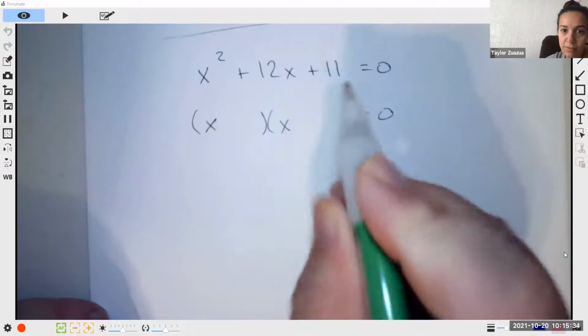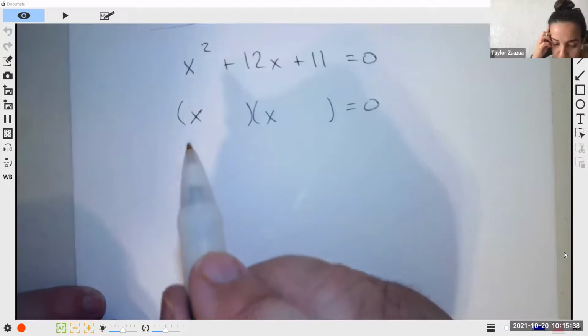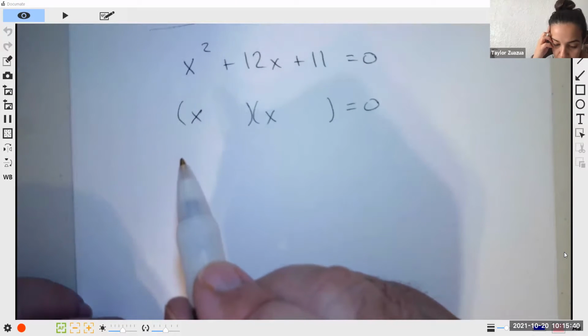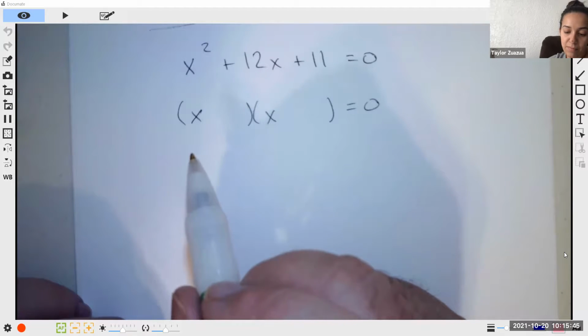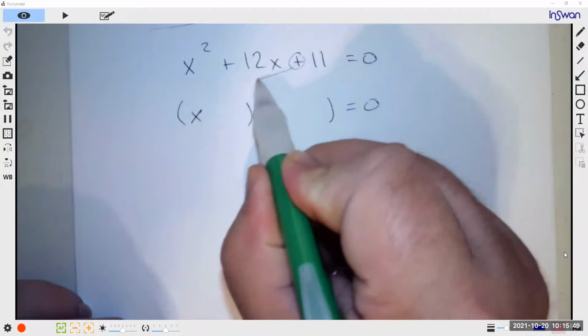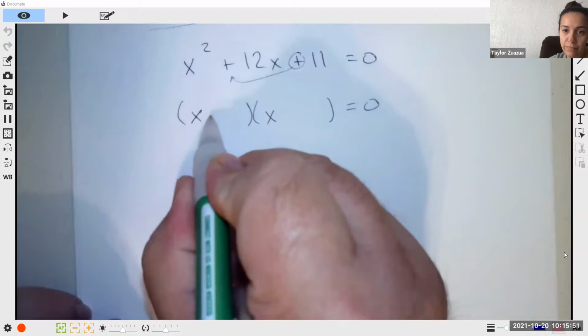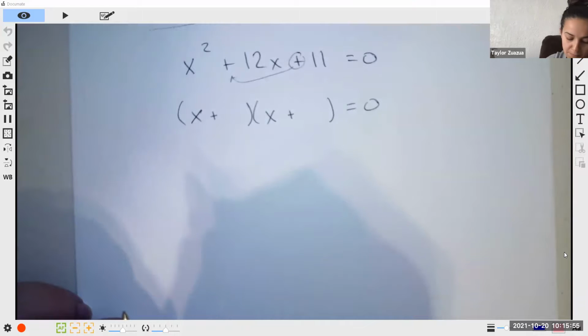Why are they both positive? If the second sign is positive, both signs are the same. Look at the second sign. It's positive. Yeah, they're both the same. Positive and positive. And then we're trying to get to 11.